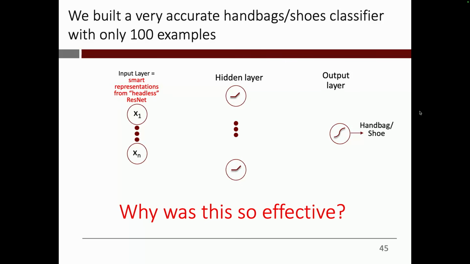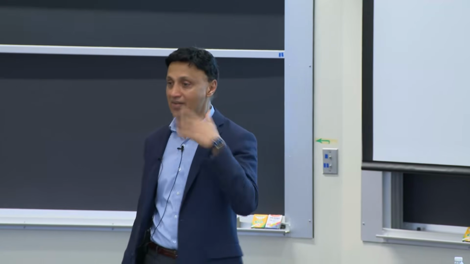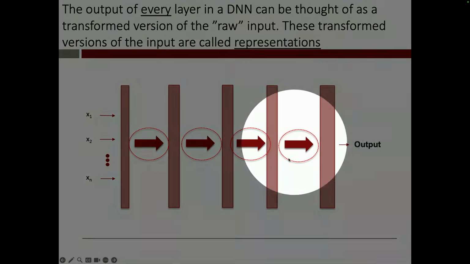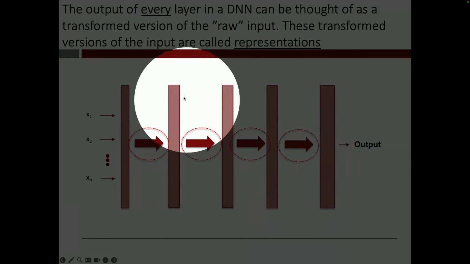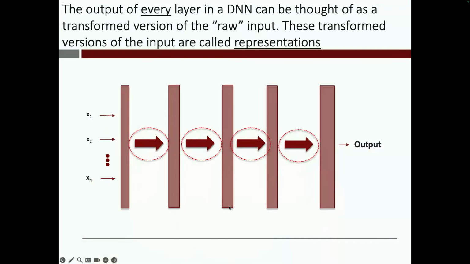It turns out the reason any of this actually works is because neural networks learn representations automatically when you train them. When you imagine a network, you feed in a bunch of stuff, it goes through all the layers, it comes out. You can think of each layer as transforming the raw input into some different alternate representation of the input. These are called representations.